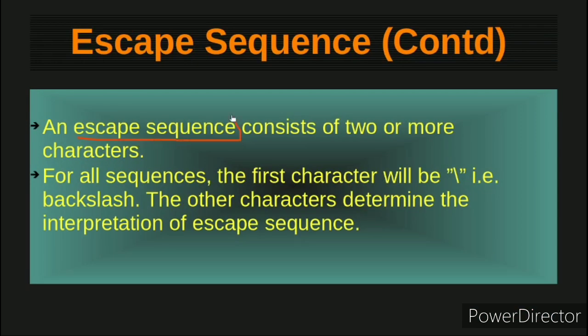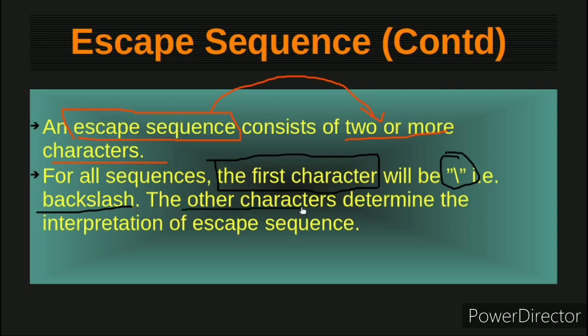Every escape sequence is composed of two or more characters, where the first character will always be our backslash, and the characters following the backslash determine how the escape sequence is to be interpreted.